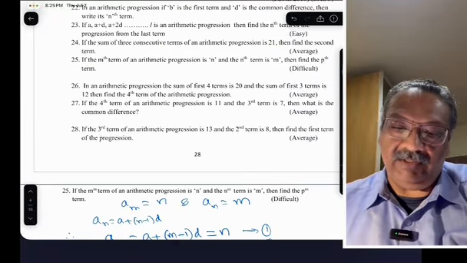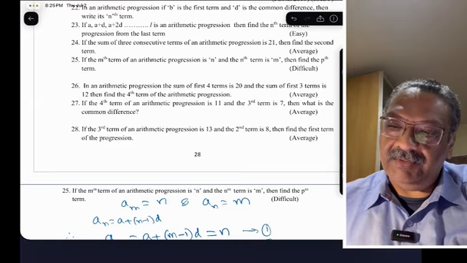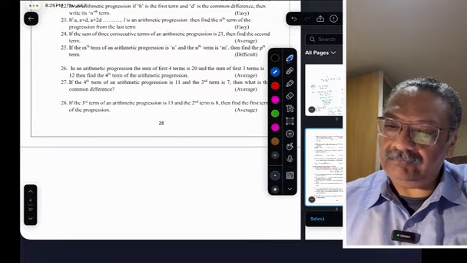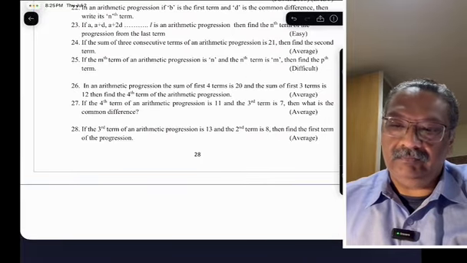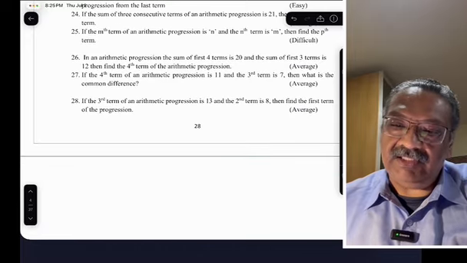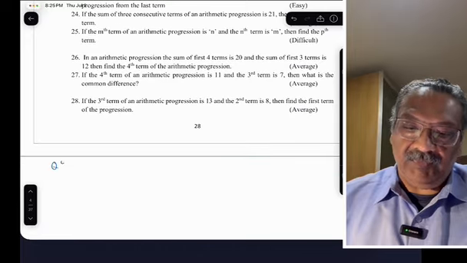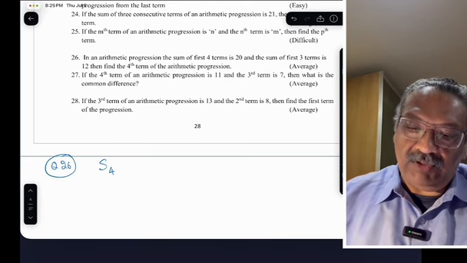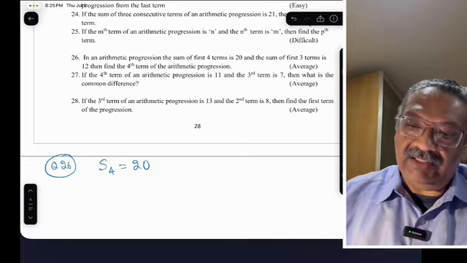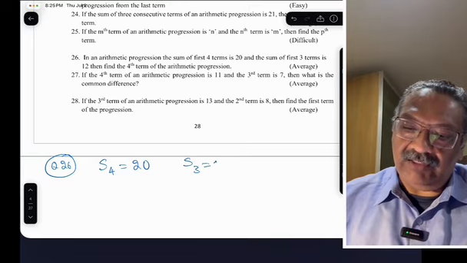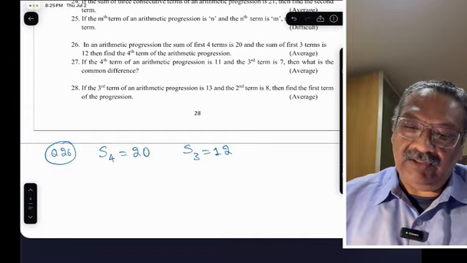Okay, let us now come to the 26th question. What does the 26th question say? In an AP, the sum of first 4 terms is 20, so S4 is equal to 20, and the sum of first 3 terms is 12, so S3 is 12.